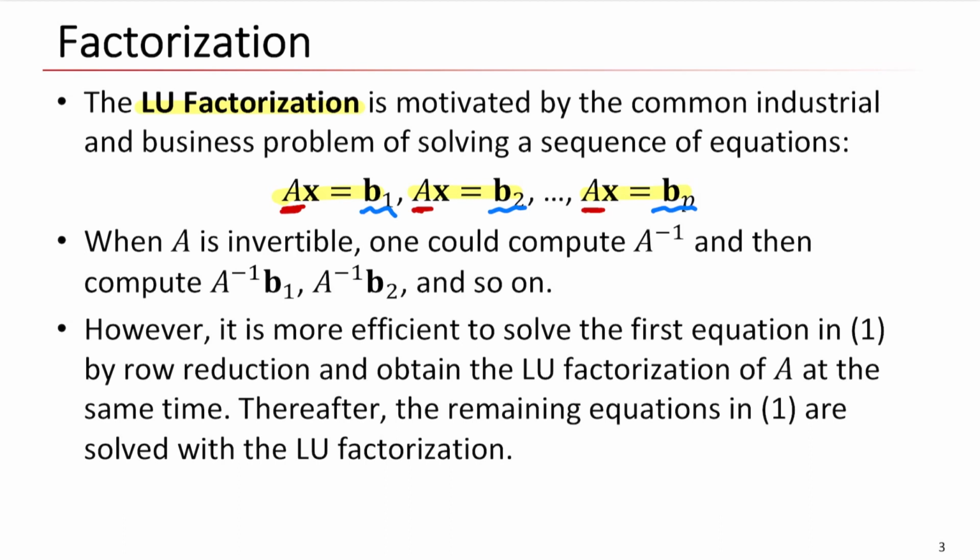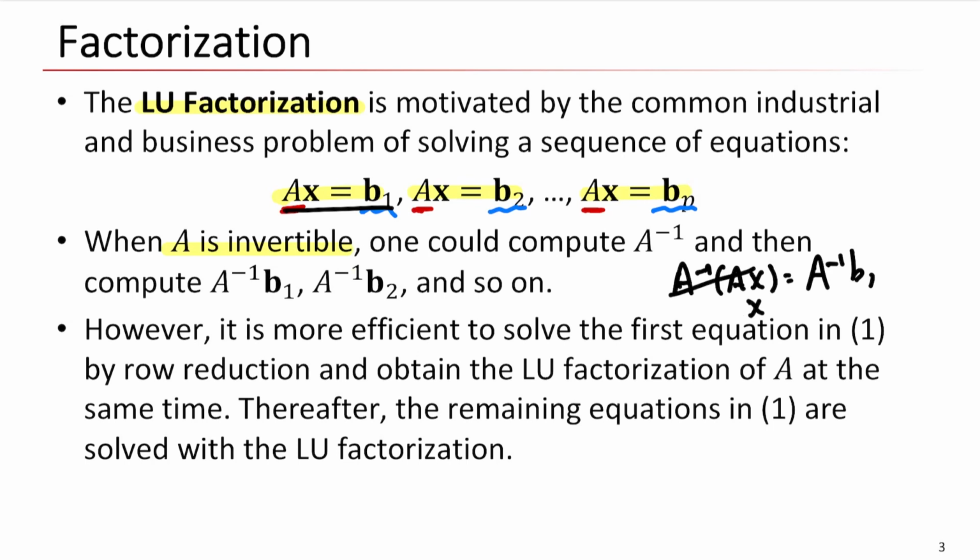So what is the straightforward method to solve this sequence of equations? If the matrix A is invertible, we can solve this equation: A inverse times A times x equals A inverse b1, and A inverse A should be I, the identity matrix.